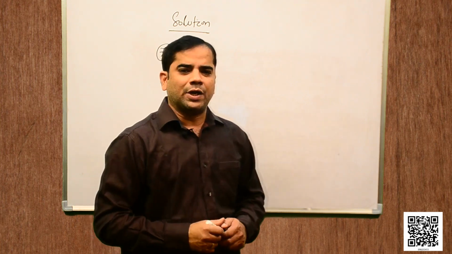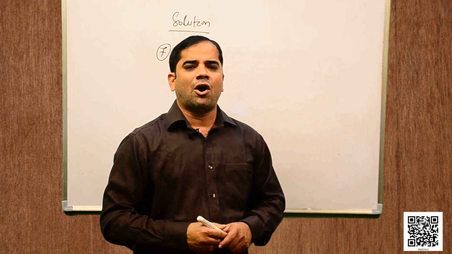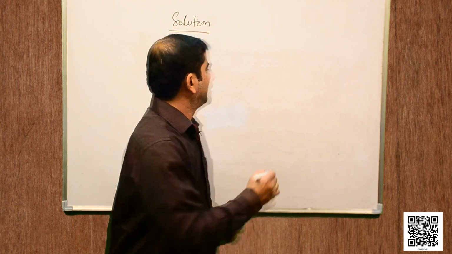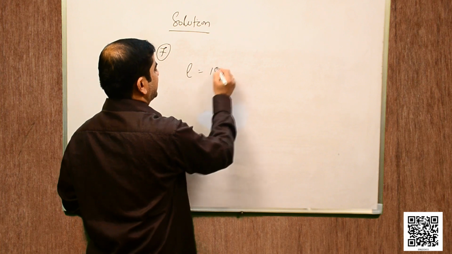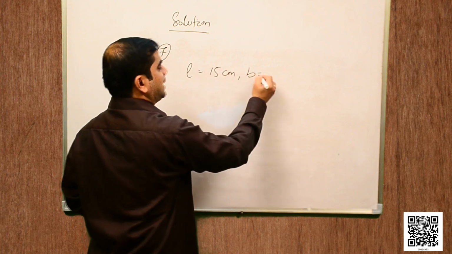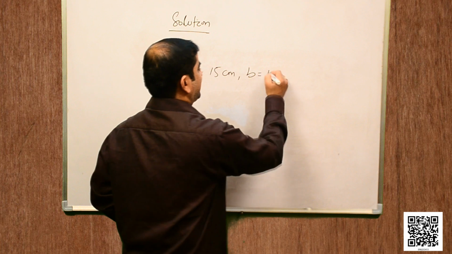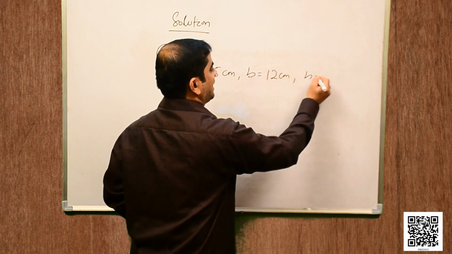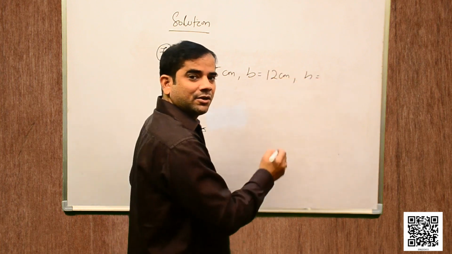Let us now find out the total surface area of the smaller box. Okay. Students, the dimensions of the smaller box is length is equal to 15 centimeter, breadth is equal to 12 centimeter and height is equal to 5 centimeter. Okay.